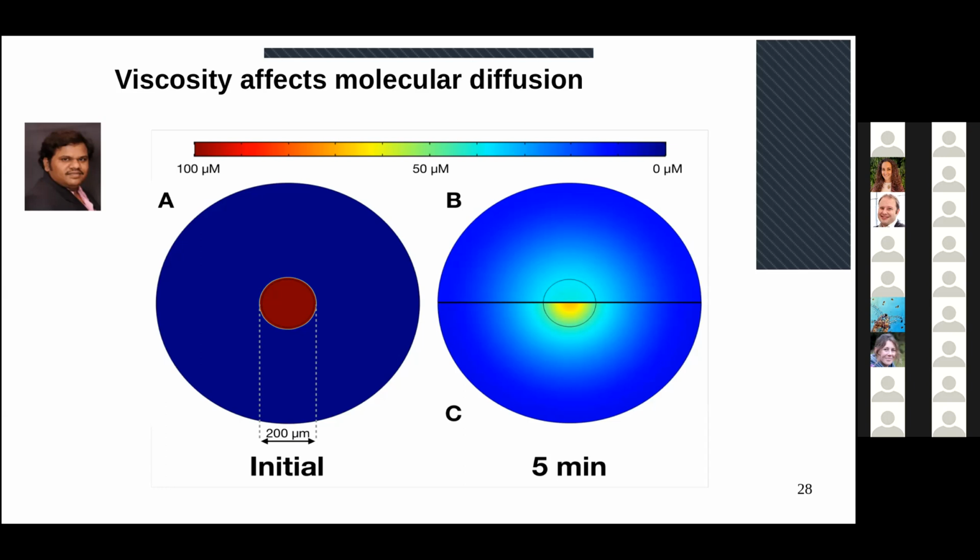And here, in the right circle, we have the two situations. In the top one, what happens if we don't consider viscosity? What you can see is that after 5 minutes, there is a nice gradient of the sugar that he was using. But if we consider viscosity at the same time, which itself takes quite a long time to diffuse, then again this gradient is quite sharp, and it doesn't go away that fast.